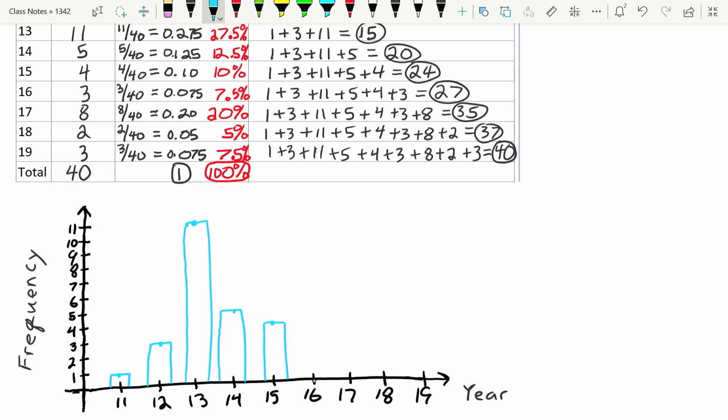For 16, we had a frequency of 3, so our bar is going to go up to 3. For 17, we had a frequency of 8, so we're going to have our bar go all the way up to 8. And then for 18, we had a frequency of 2, and then the last one for 19, we had a frequency of 3.